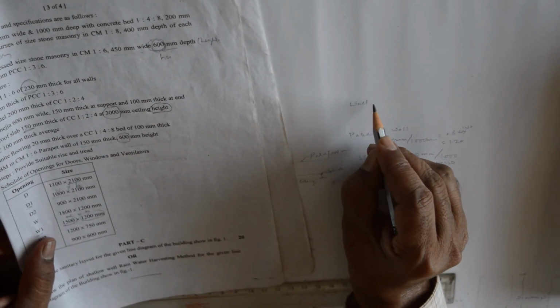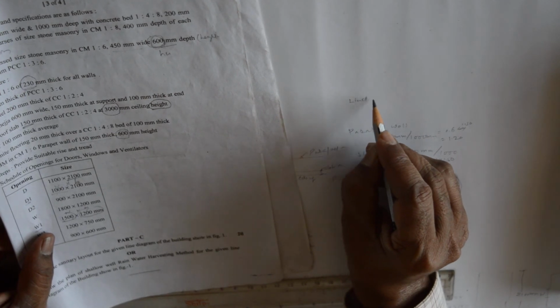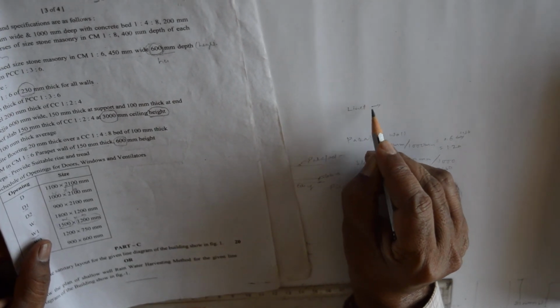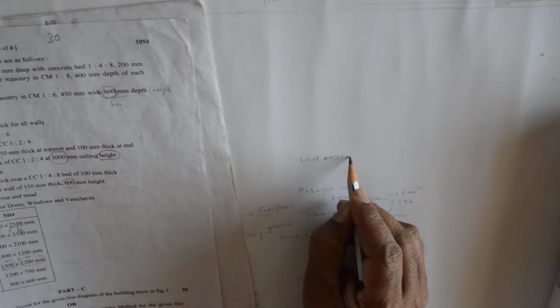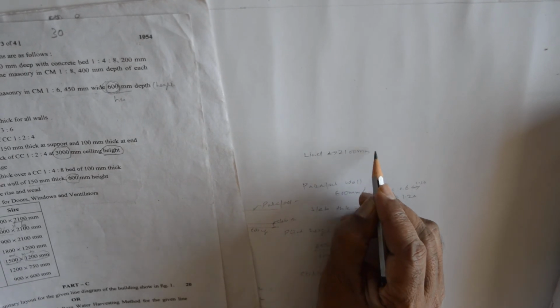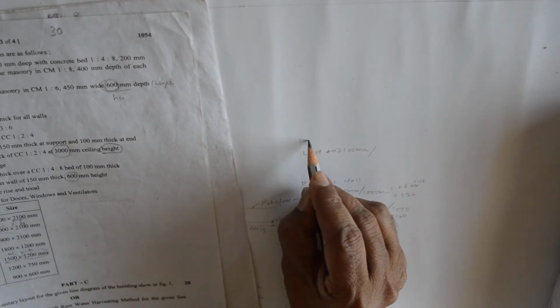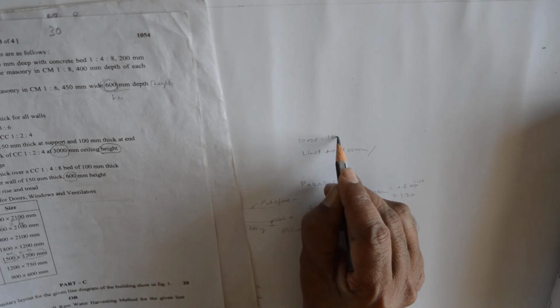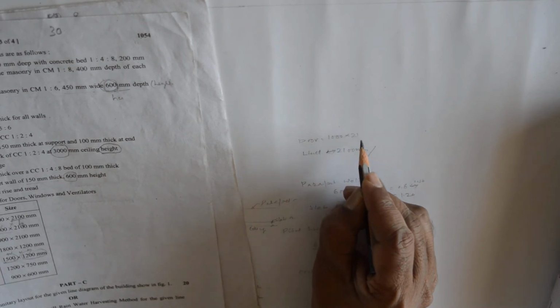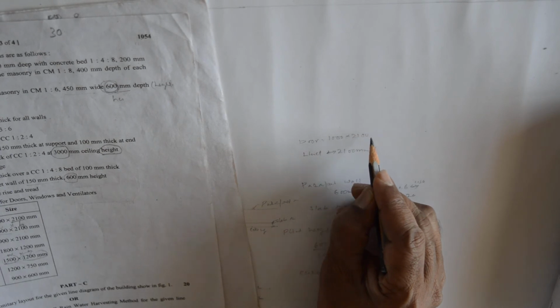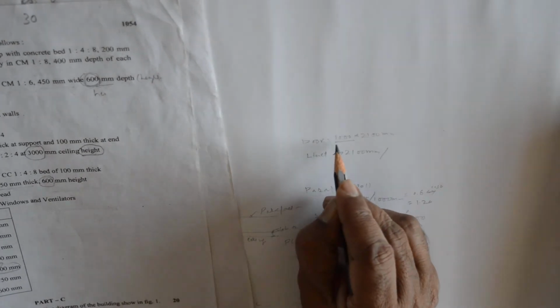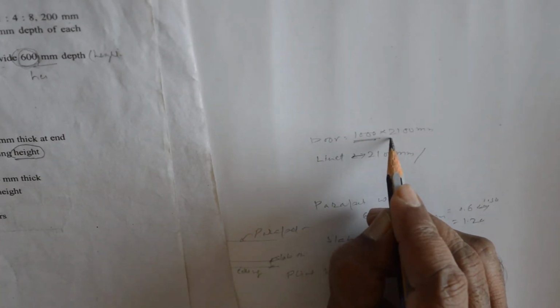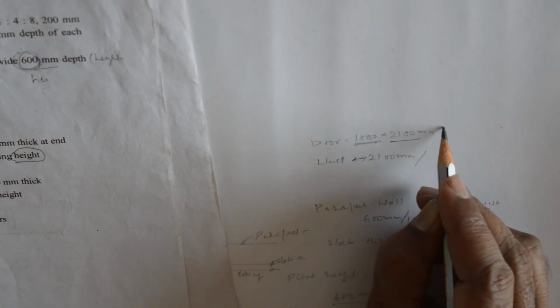The door height is 2100. Door size is 1000 into 1000, 2100 mm. First figure is the length of the door, and the second figure 2100 is your height.